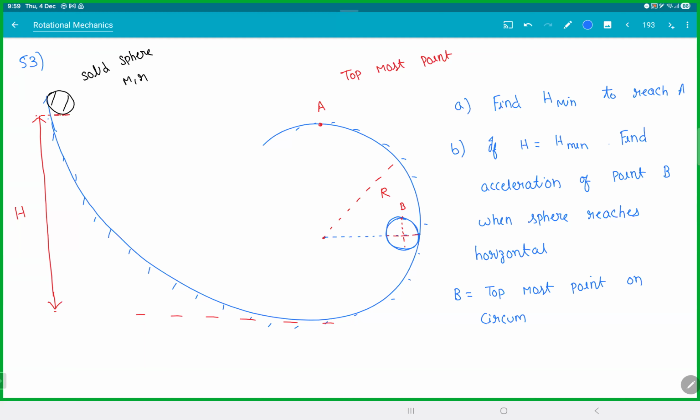On this sphere's circumference, there is a point B here. I want that point's acceleration. Topmost point on the circumference of the sphere. Are you getting what I'm asking? First, let's get the first thing, then we will see the second part.